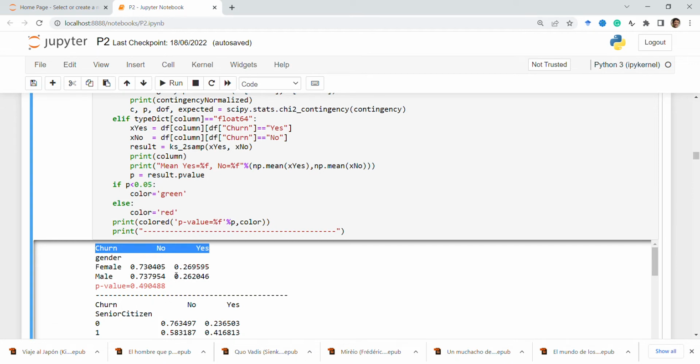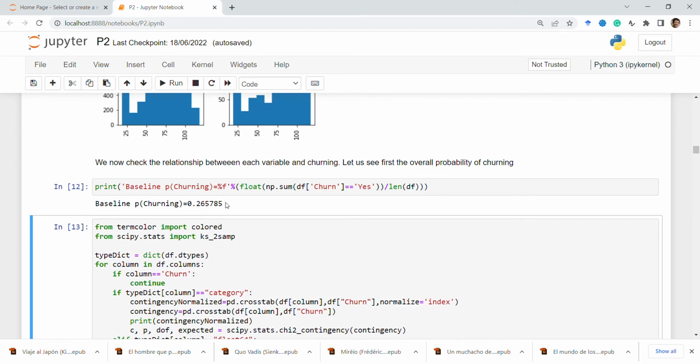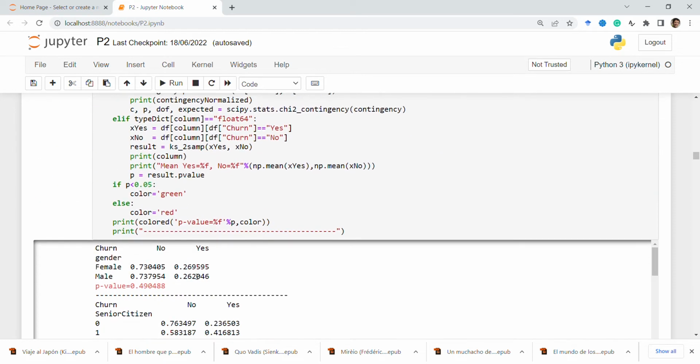So contingency tables are here, and then we see whether it will churn or not, and the gender, for instance. And reminder, the overall probability of churning is 0.26, so deviations from 0.26 are significant, or should be approximately significant if there is enough evidence, but we should look for strong deviations from 0.26.